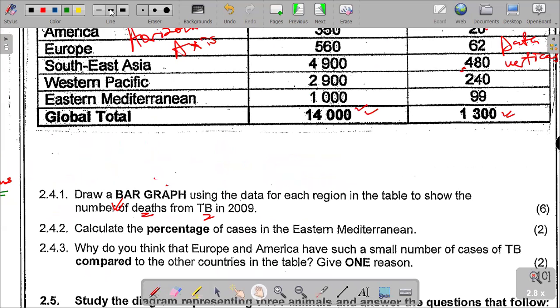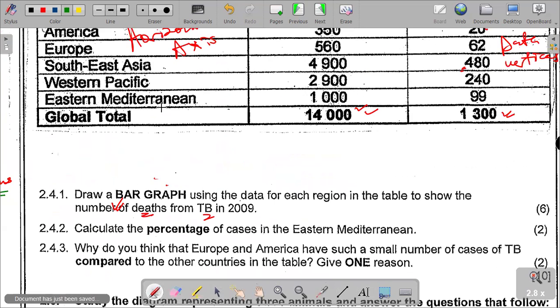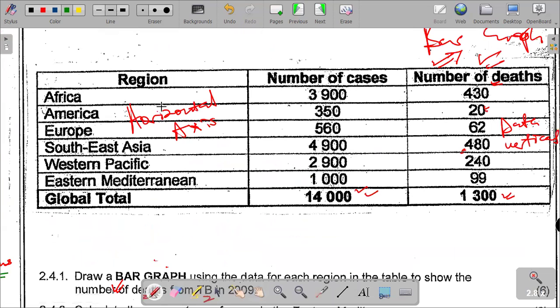Our next question is saying, calculate the percentage of cases in the Eastern Mediterranean. So in terms of the number of cases here, what are you supposed to do?